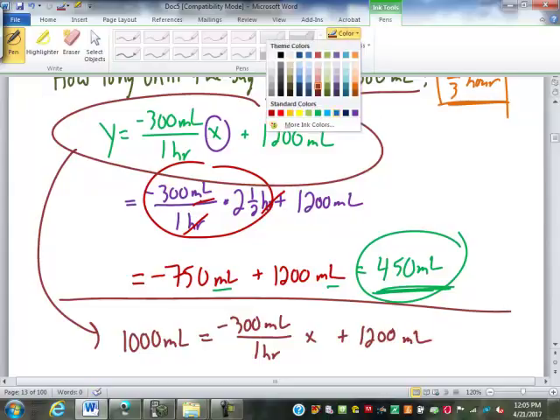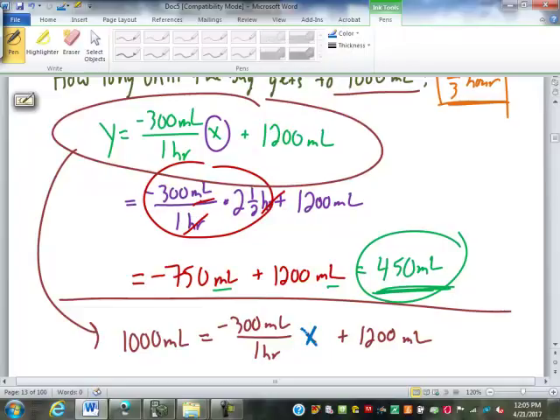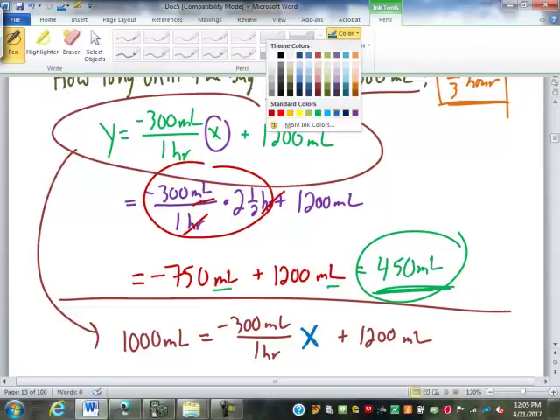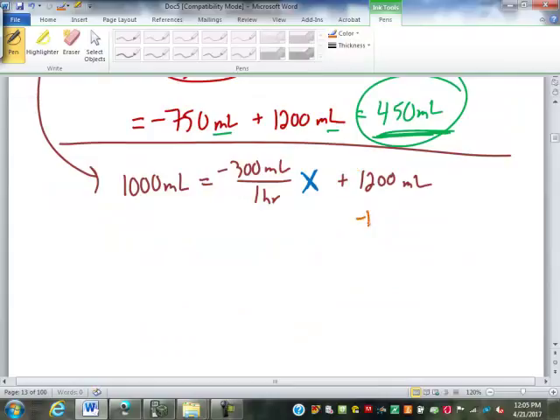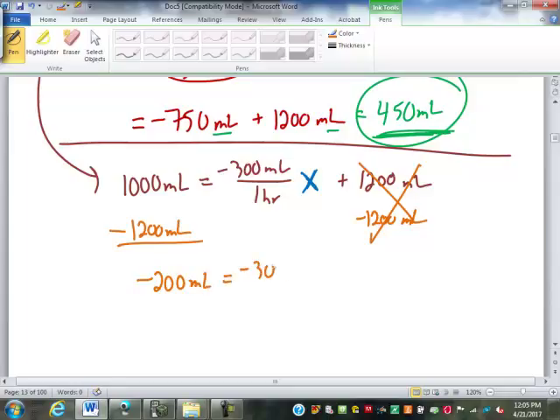So now we have to solve for x here. We're going to go ahead and subtract the 1,200 milliliters over here, so that's gone. 1,000 milliliters minus 1,200 milliliters is negative 200 milliliters, equals negative 300 milliliters over 1 hour.